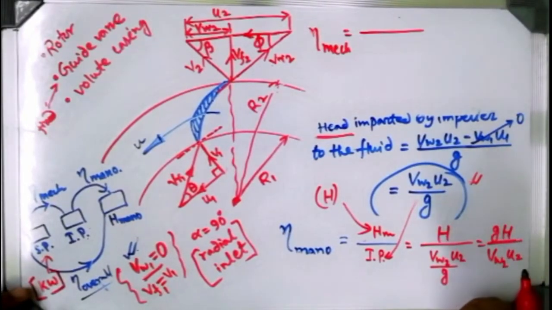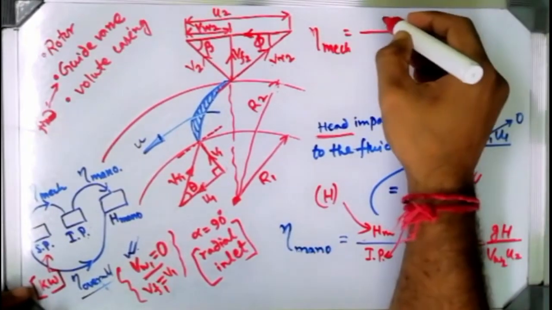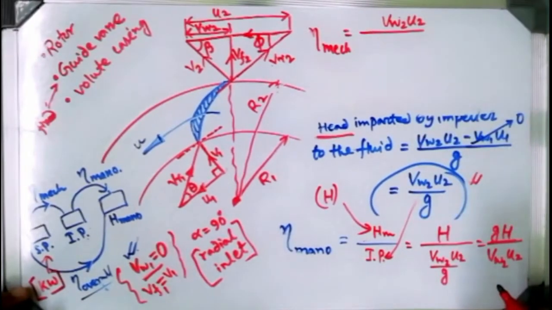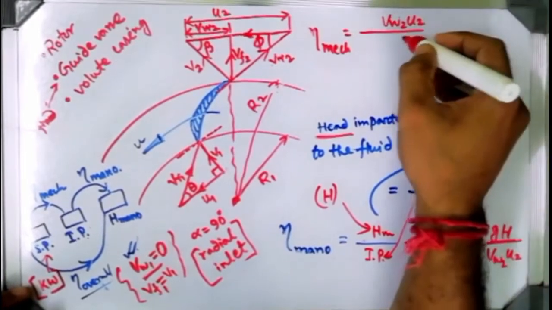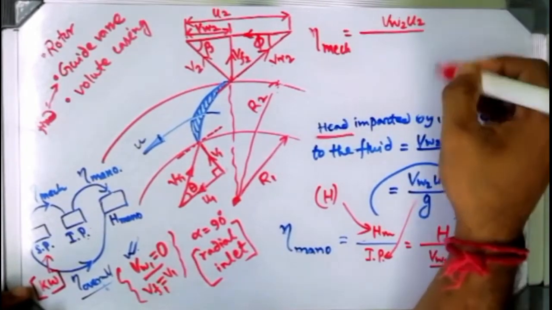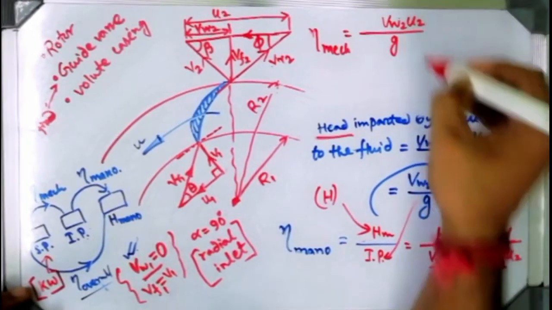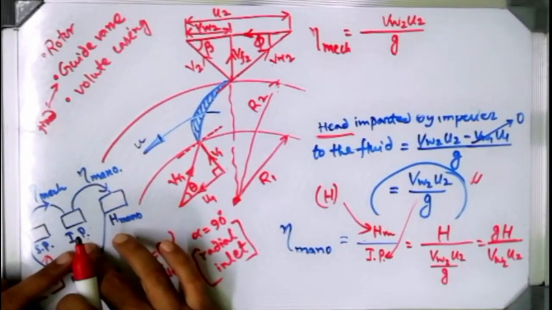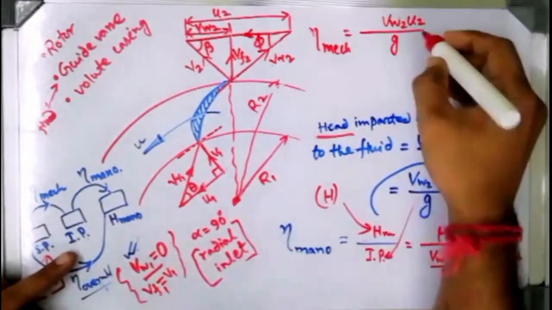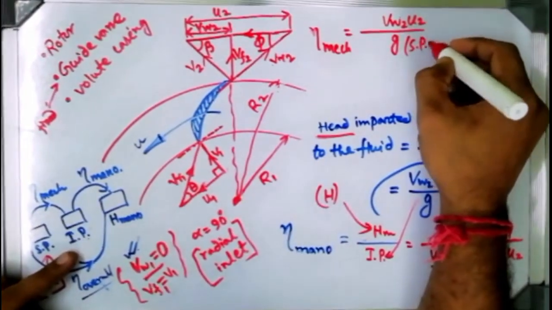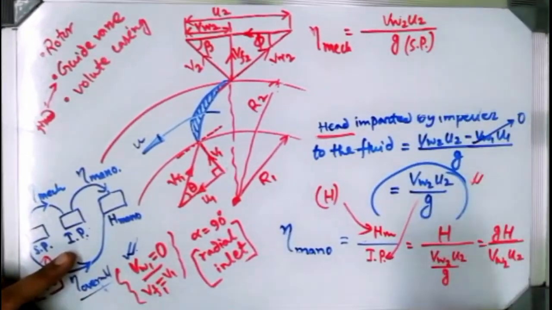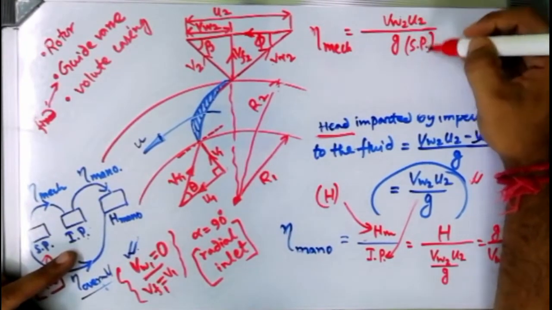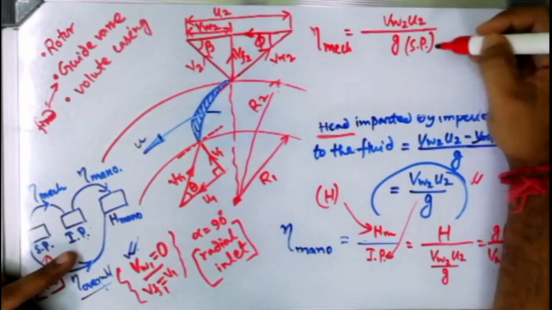So how can it be converted? Very easy. See, VW2 U2 by G, that is the power generated or developed in the impeller. Now you have to divide it by shaft power, then you will get the mechanical efficiency. The problem is that this numerator side is in head terms, and the denominator is in kilowatt terms.